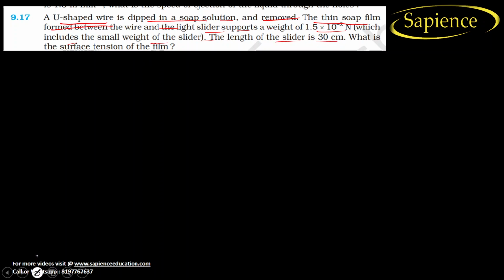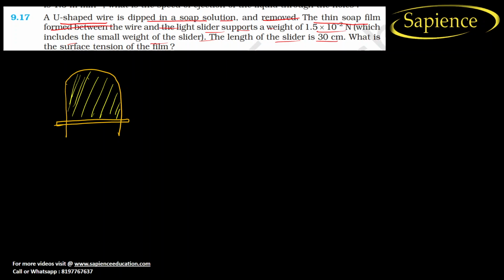So let us draw the situation. There is a wire, and in this wire there is a slider.